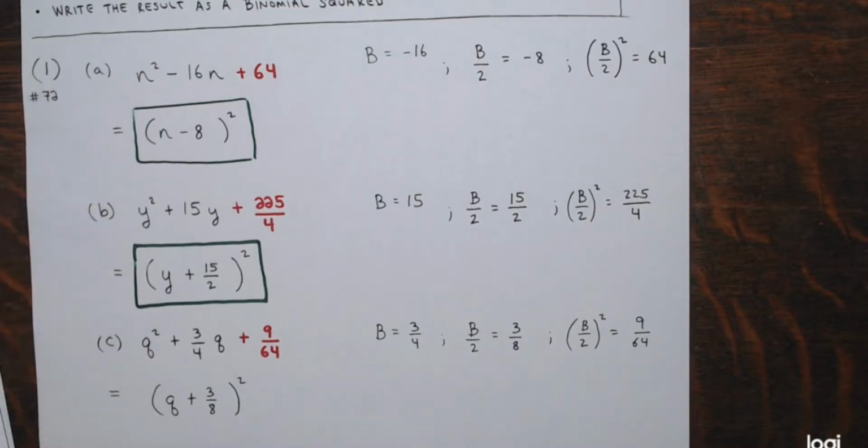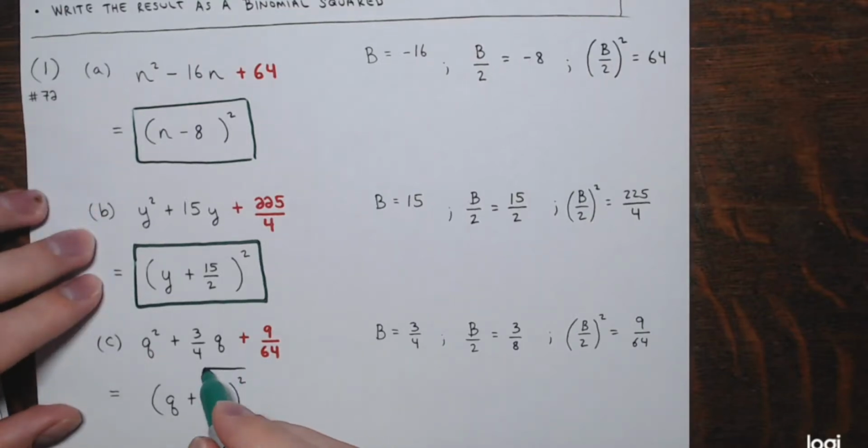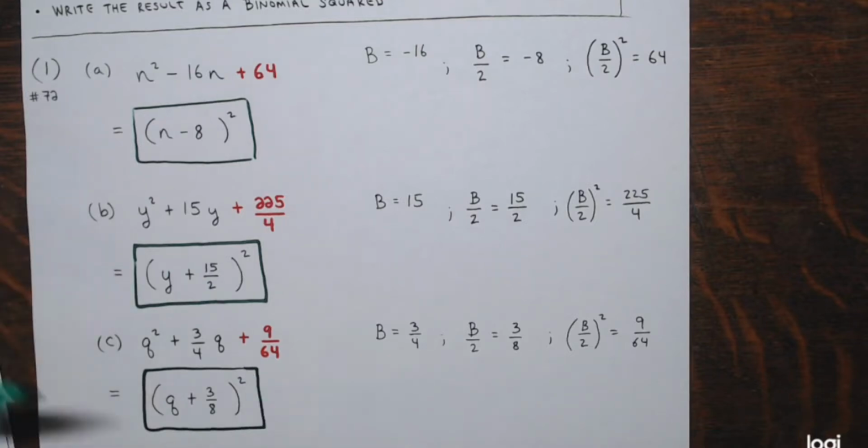And I leave it to you to check that out by multiplying it out. Take q plus 3/8 and multiply it by q plus 3/8 again. Alright, I'm doing the same thing every time here. All these are set up in a nice way where we can complete the square on a binomial.